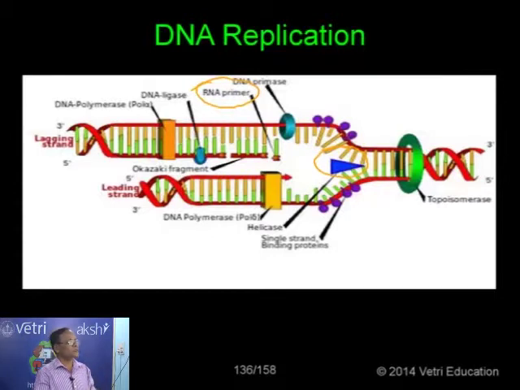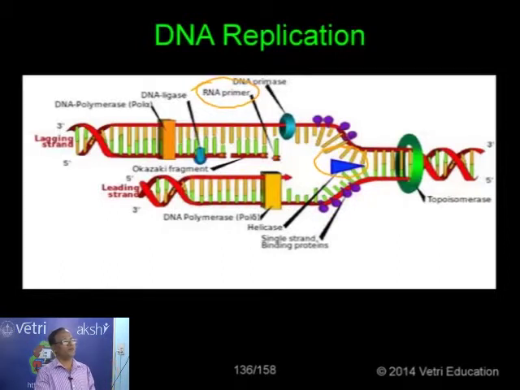It is always initiated only with the RNA primer, a stretch of RNA laid down on an existing DNA molecule with the help of RNA polymerase. It is called a primase enzyme because it initiates the formation of the primer. So the new nucleotides are added only by the DNA polymerase, leading to the formation of a continuous segment.